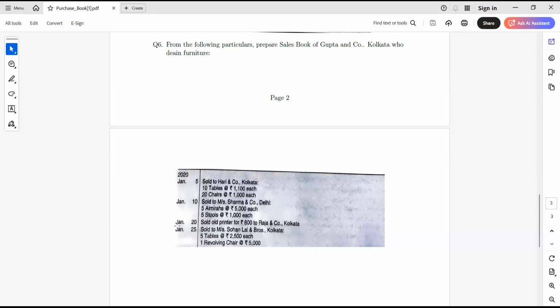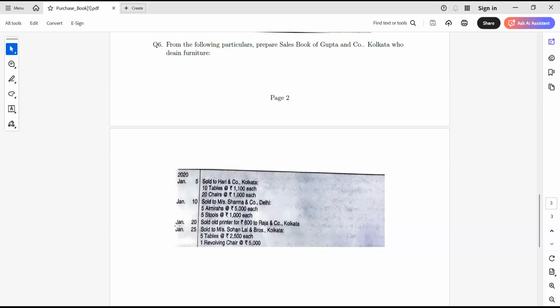Okay. Amount of first transaction? 34,720. Jan 5, 34,700. How did you get this 34,700?